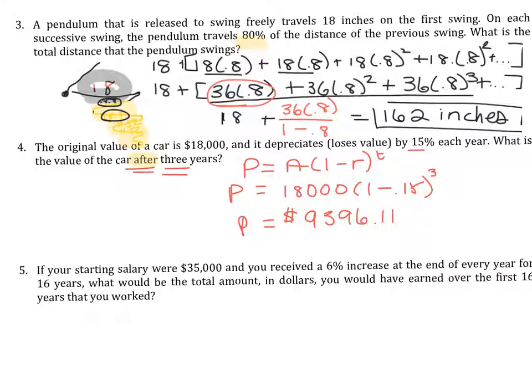If I had tried to turn this into a geometric series, which would be the right word because I'm turning it into an explicit formula, A sub 1, and the first year, it's 18,000. But usually 18,000 is year 0.